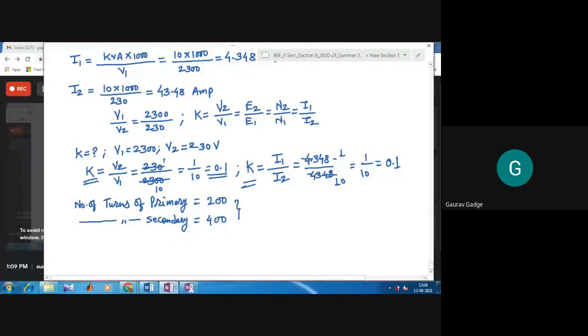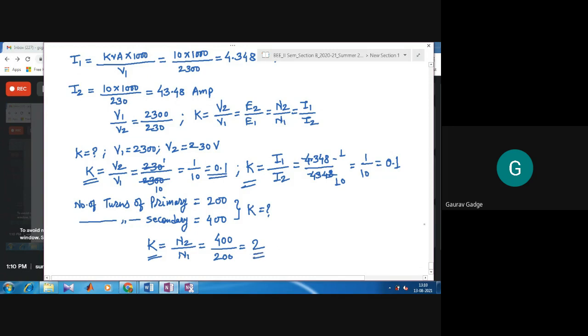Find out the transformation ratio. What should be the value of K? Now K is equal to what? N2 upon N1. The number of turns on secondary is 400. The number of turns on primary is 200. So how much is the value of K? K is equal to 2.